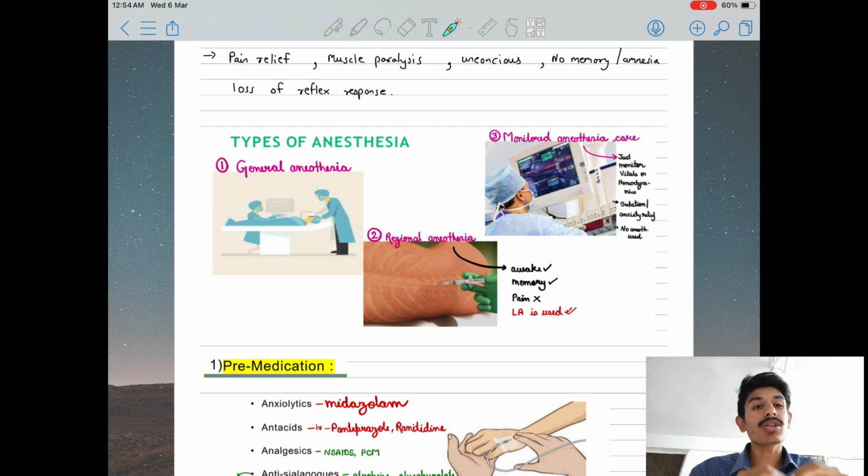If the anesthesia doctor does not take part and some problem happens to the lady, the doctor will be punishable. So this is the benefit of general, regional and monitored anesthesia. These are the three different types of anesthesia.